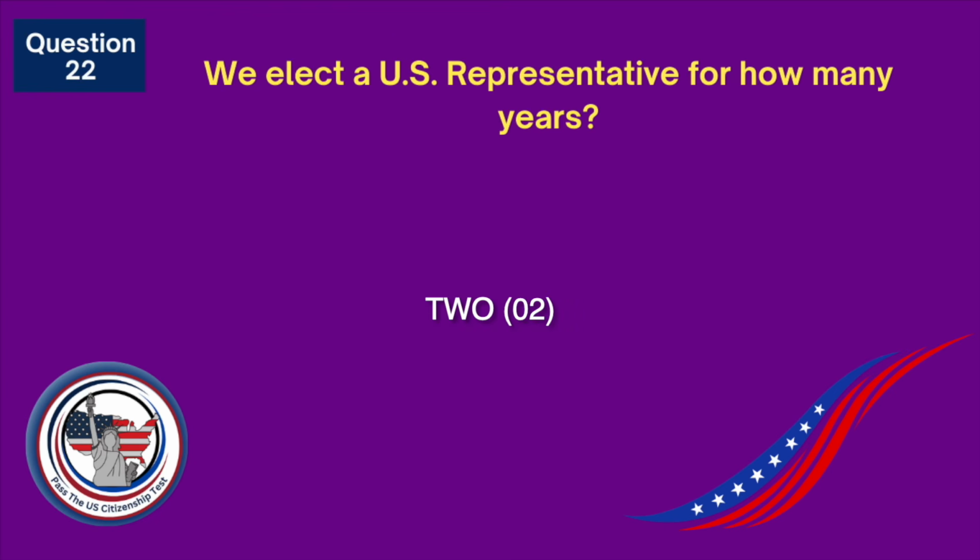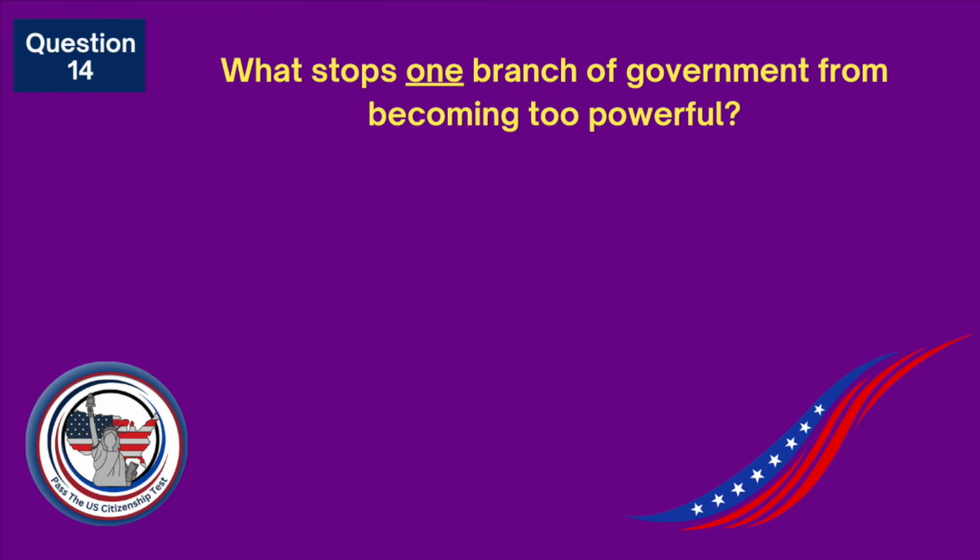Two. What stops one branch of government from becoming too powerful? Checks and balances.